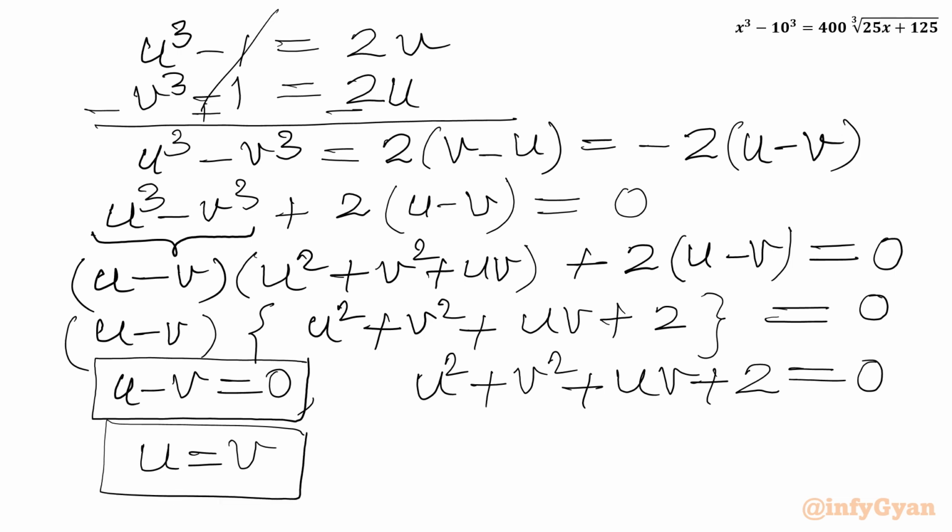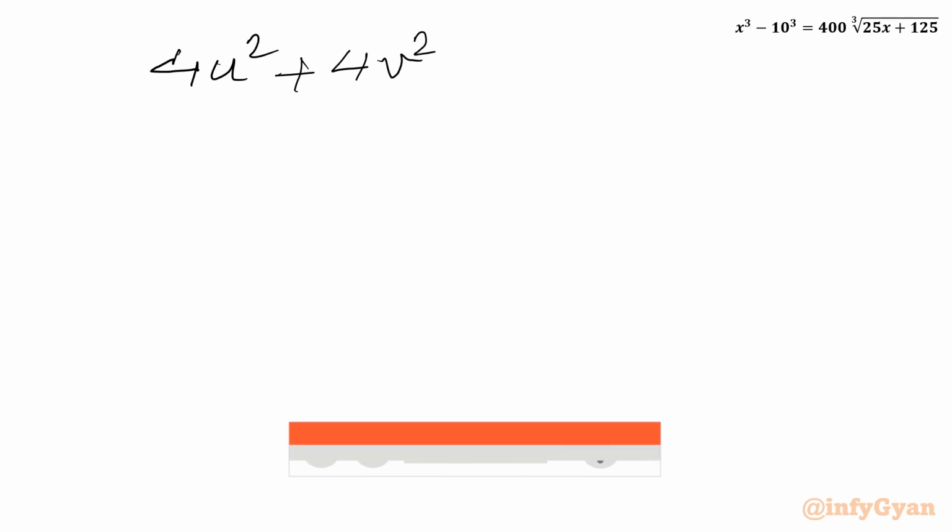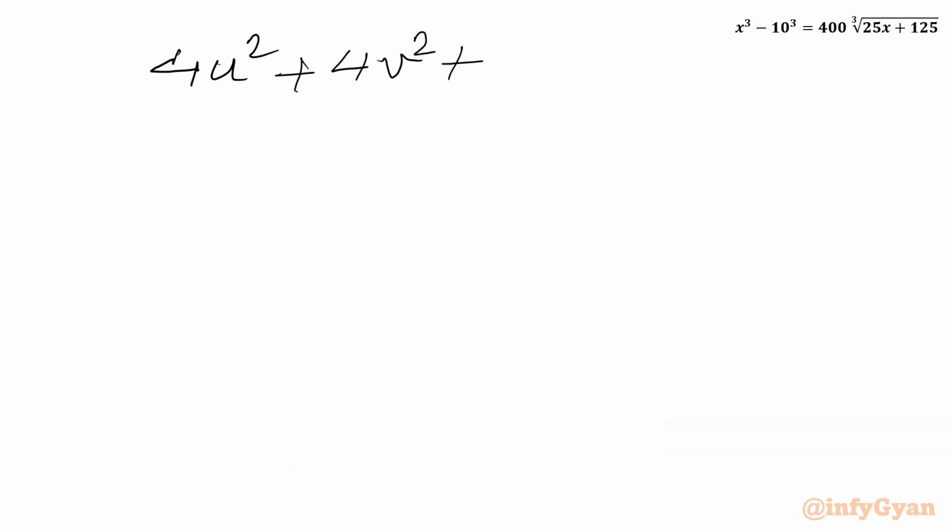Let's solve second equation. I will multiply this equation by 4 first. So 4u square plus 4v square plus 4uv plus 8 equal to 0.